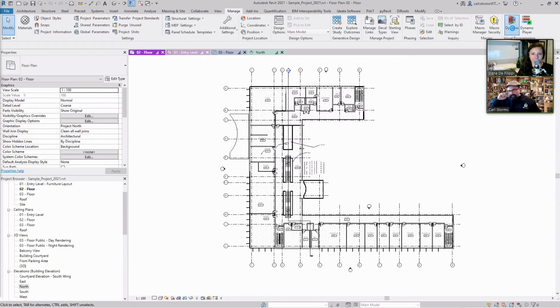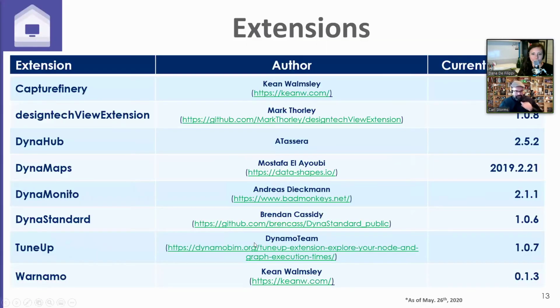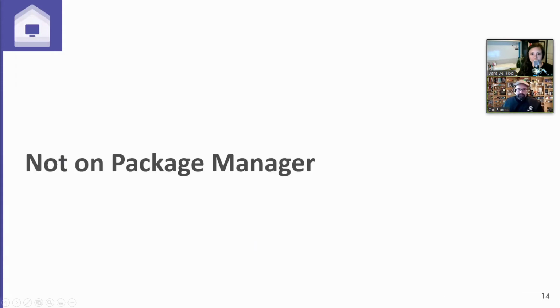And then when I restart Dynamo, you're going to see that there's going to be a new extension there called the DAM. So if you're doing a lot, and this is becoming more and more common, that people are storing their package, storing their open source content on the GitHub, that now we have a direct link to that through DynaHub. And while that's loading back up, great time to keep on trucking.